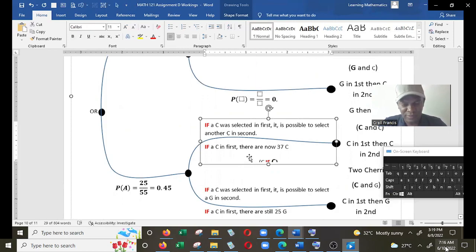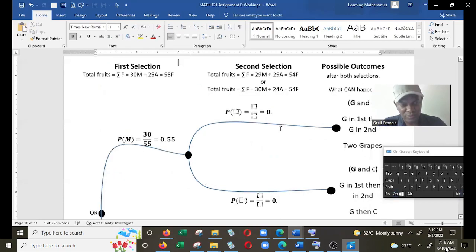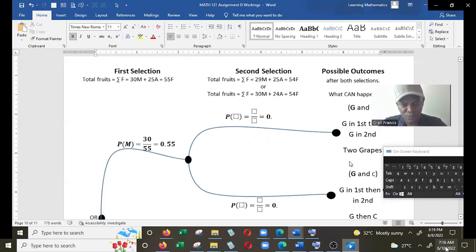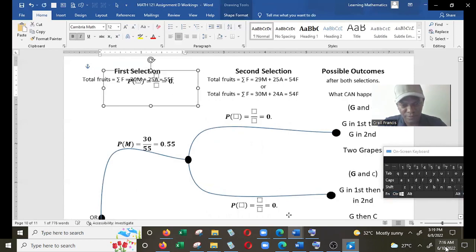Delete it. And this, I can just Control C, Control V, bring it here.